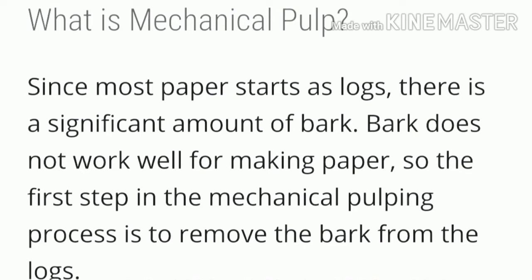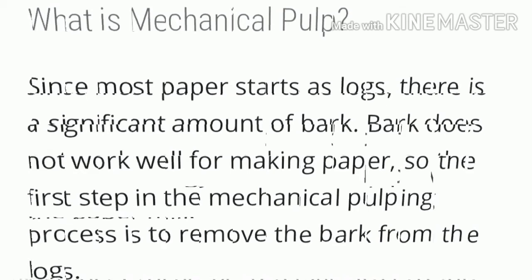What is mechanical pulp? Since most paper starts as a log, there is a significant amount of bark. Bark does not work well for making paper, so the first step in the mechanical pulping process is to remove the bark from the logs.